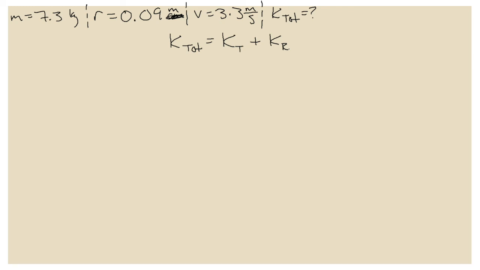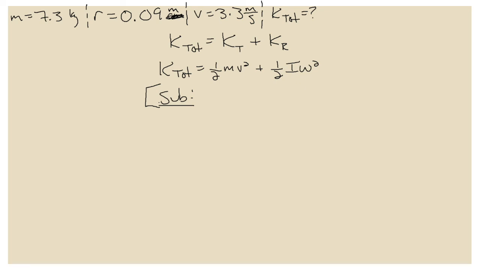The first substitution we're going to do is the equations for the translational kinetic energy, 1/2 mv squared, and for the rotational kinetic energy, 1/2 I omega squared. And at this point, you need to sub in, or at least it is highly recommended, you have to do it for tomorrow, but here it's highly recommended, you have to sub in two equations. You sub in the equation for the rotational inertia, and you sub in the equation for omega.